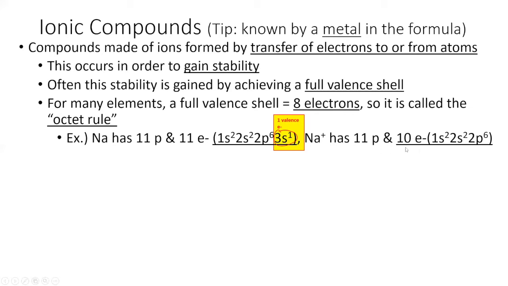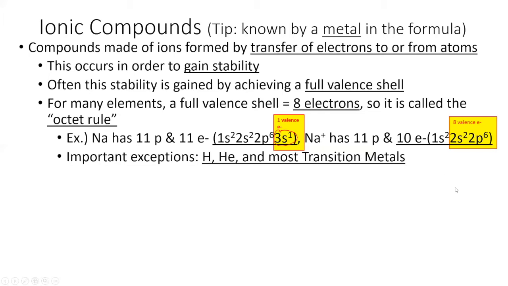It has 10 electrons. And so if we get rid of that 3s1, what you're left with is a full second shell. Okay, 2 + 6 is 8. It follows the octet rule. Okay, there are 8 valence electrons. So that's generally what atoms will do, is they will gain, or in this case, lose electrons to get that full outer shell, which for many elements will be 8 electrons in the valence shell. Now, of course, there are exceptions, and we want to point those out.